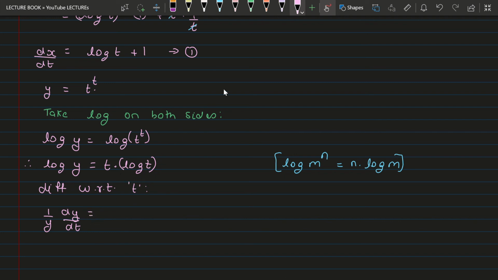And over here, right hand side, once again we will apply the multiplication rule because u and v, they both are multiplied with each other. So it is log t into derivative of t plus t multiplied by derivative of log t. If you observe carefully guys, it is exactly similar to what you did for x.